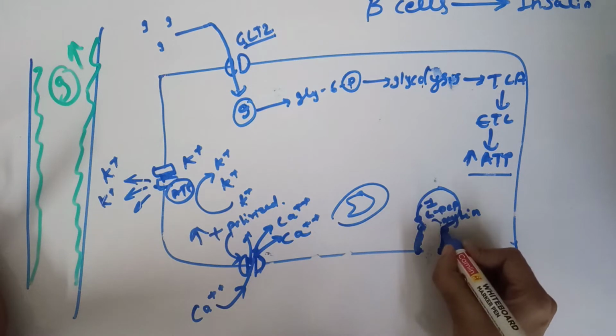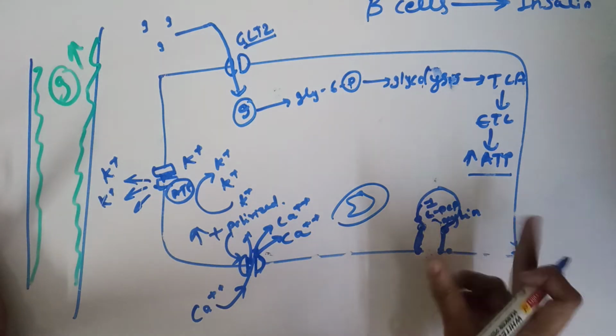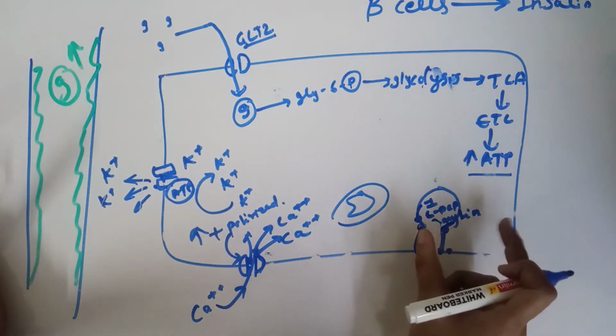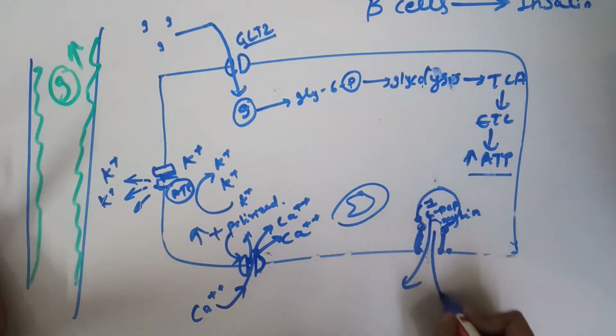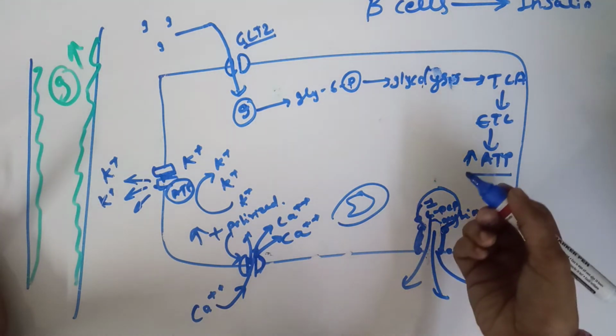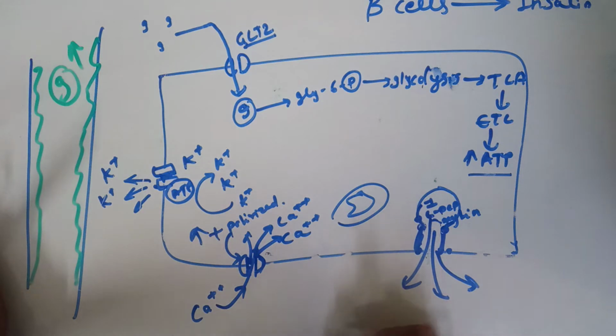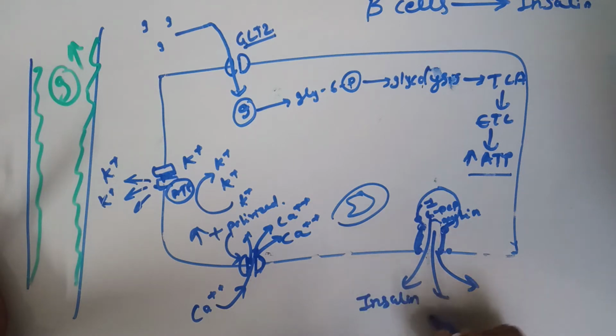You can say it opens your vesicle. Because of this opening, it directly releases the material of the vesicle outside the beta cell, that means into the blood circulation. So obviously this insulin is released into your blood circulation.